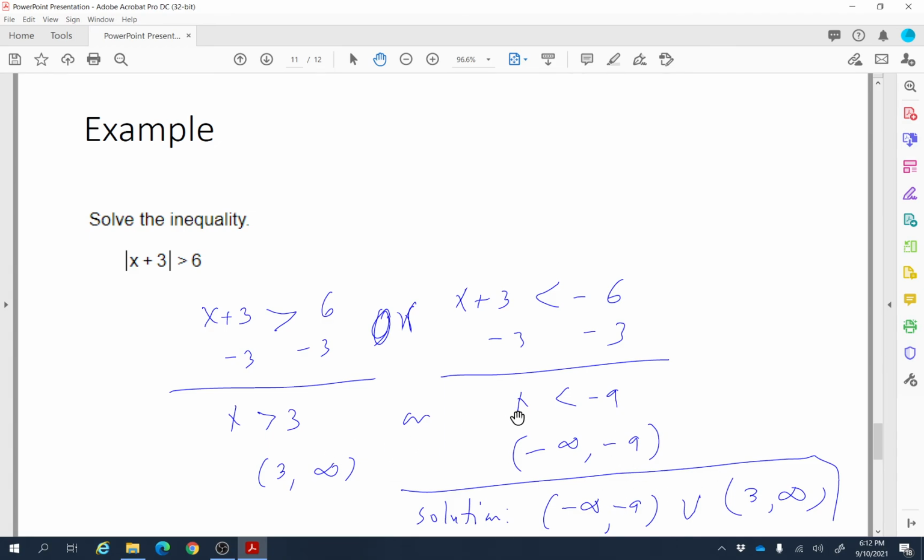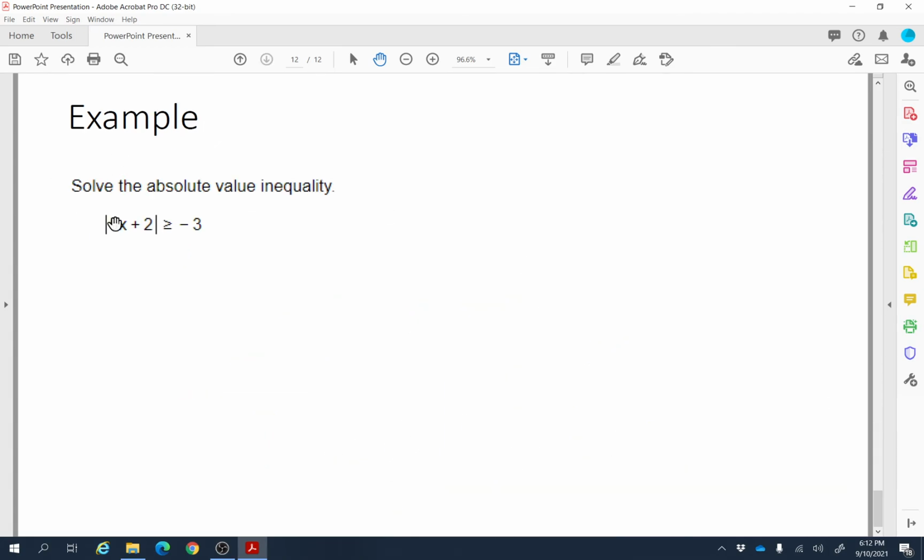So in this case, we are looking for the values of x for which the absolute value of this expression should be greater than or equal to -3. Remember, absolute value means it's always either positive or 0, right? There is no way that absolute value could be negative.